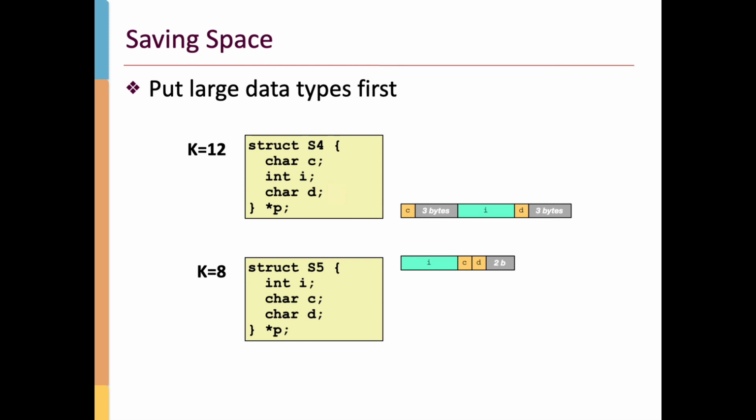So the first thing that's going to be allocated is C, but because the next thing that wants to be allocated is an integer, although the C can be on any boundary, the integer has to be on a 4-byte boundary.